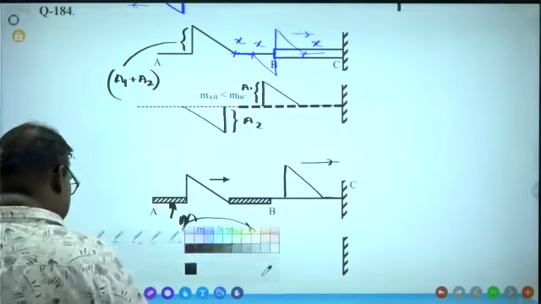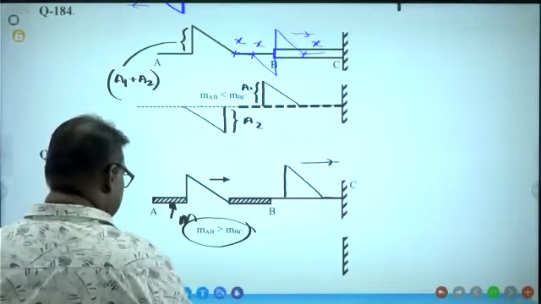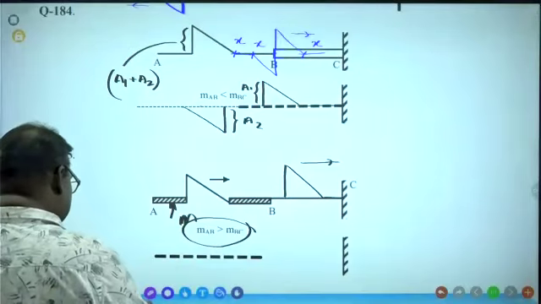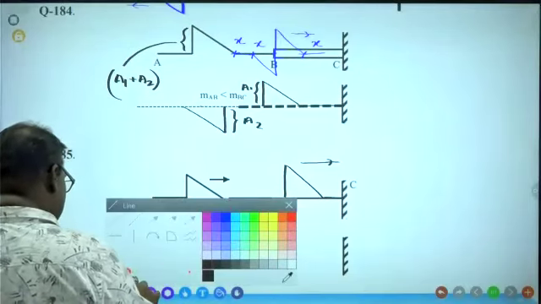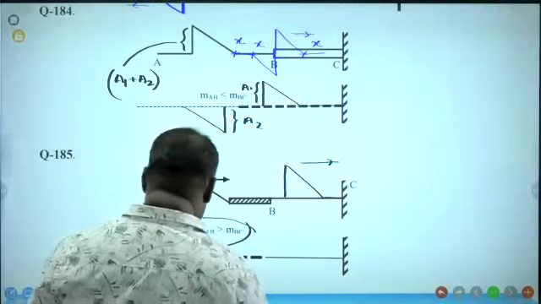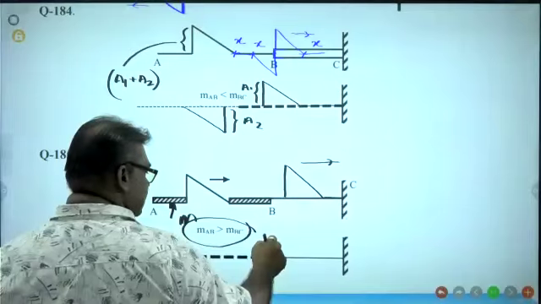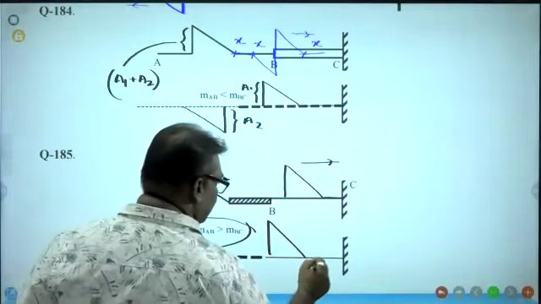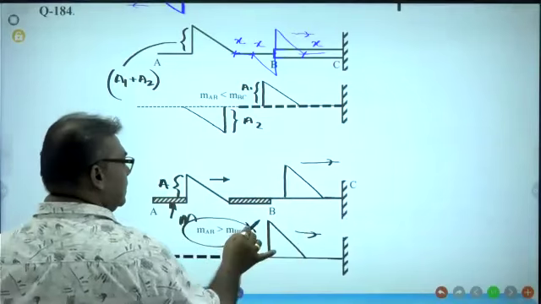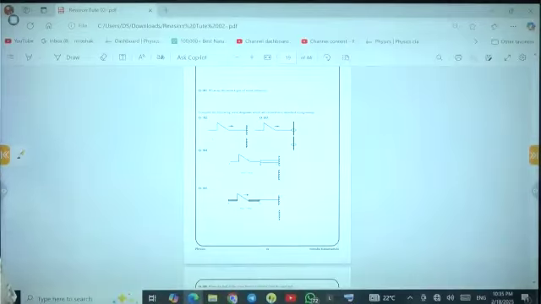Yes, then this is heavy rope and the other one is lighter rope. Then wave is transmitted only towards that side without changing the amplitude. It goes like this. If this is A, this is also A. Done. Right.